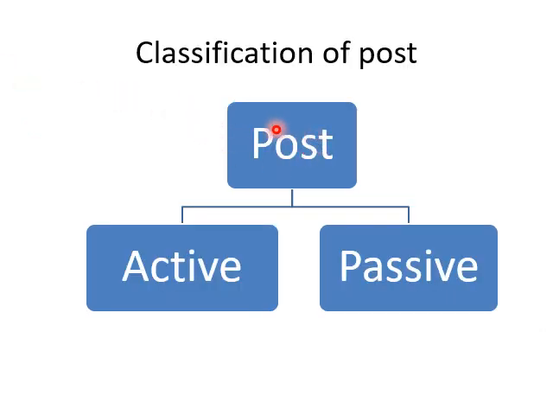الكلاسيفيكيشن الآخر للبوست يعتمد على relation of the post with the canal wall. So we have active and passive post. بال active post there is a mechanical engagement with the canal wall وهو دائما threaded prefabricated type.